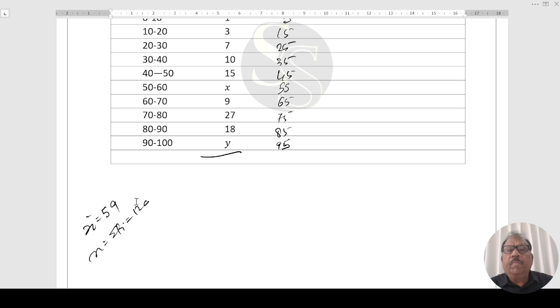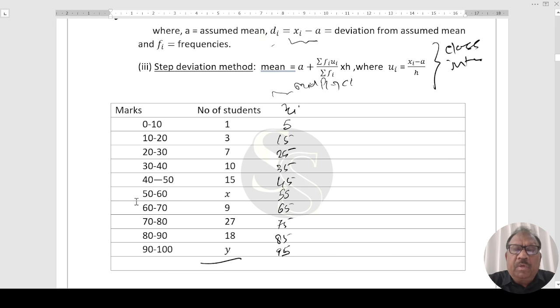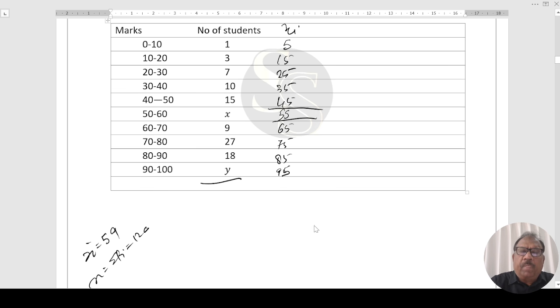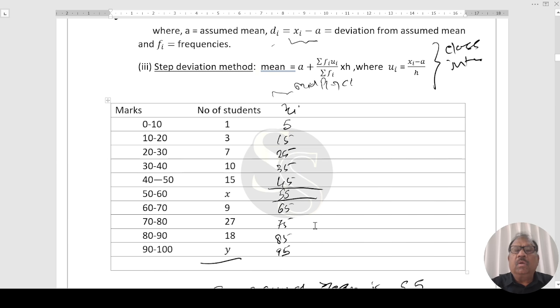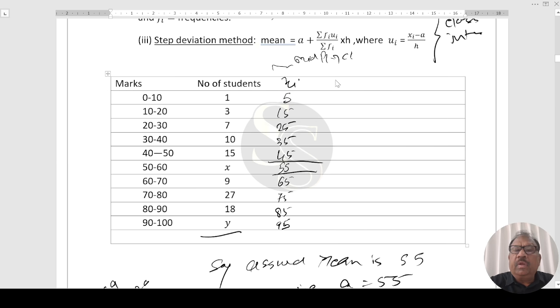Now we have to consider an assumed mean in such a way that it should be in between, so we can consider 45 or 55. Say assumed mean is 55, that is a equal to 55. Now we have to find ui.